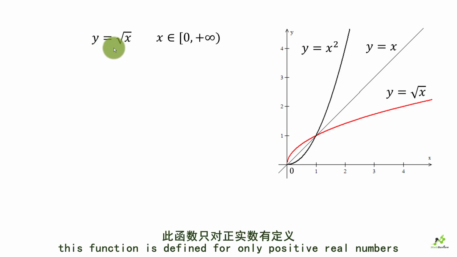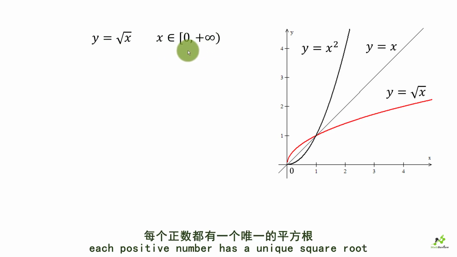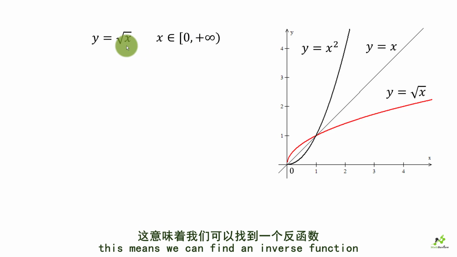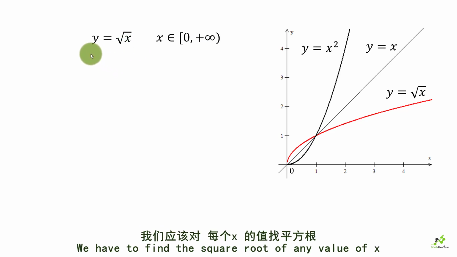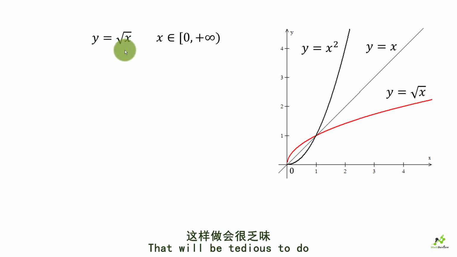This function is defined for only positive real numbers. Each positive number has a unique square root. This means we can find an inverse function. We have to find the square root of any value of x. That will be tedious to do.